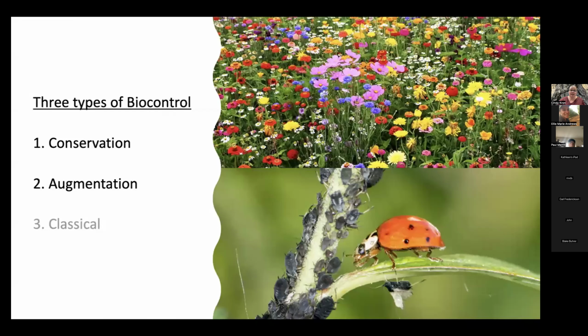There are three types of biocontrol, but I'm just going to cover these first two that we should focus on. So, conservation biocontrol. Conserve what's already out there. So this includes planting hedgerows so that there's pollen and nectar for parasitoids that are alternate food sources to help support them through the season.